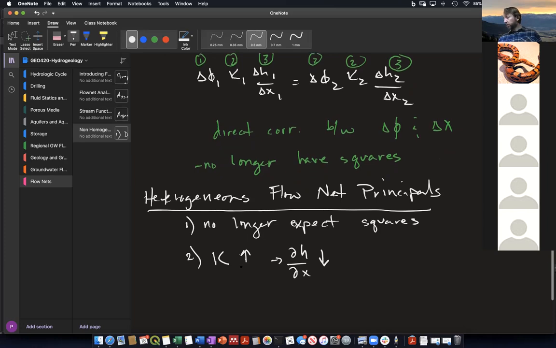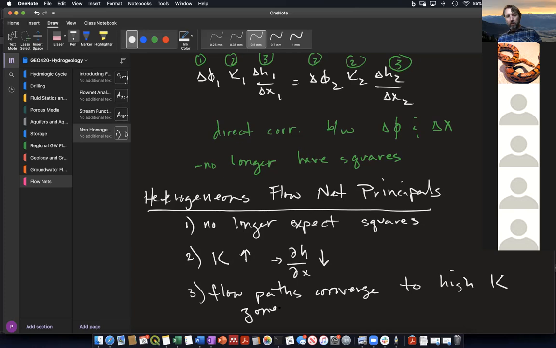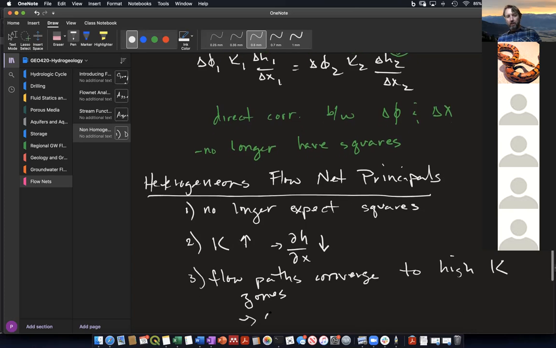So in general, flow paths converge to high K zones and delta phi goes down when hydraulic conductivity goes up.